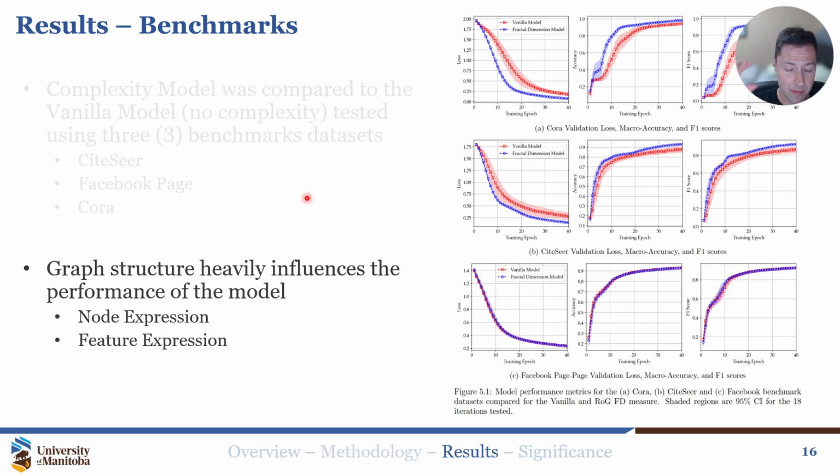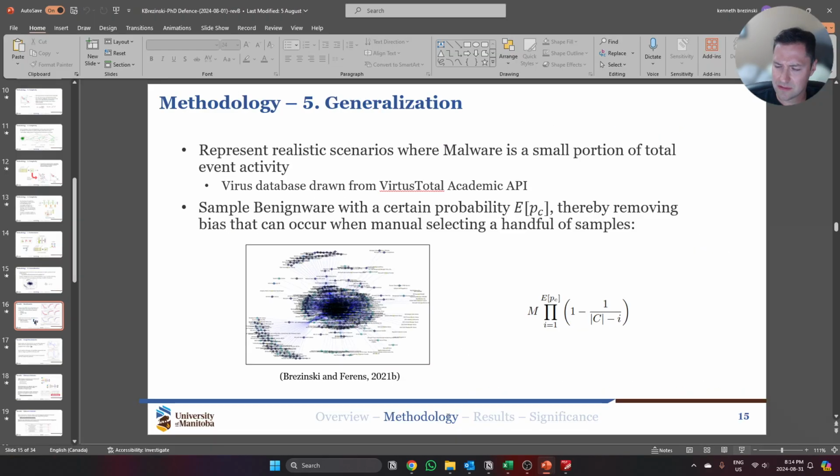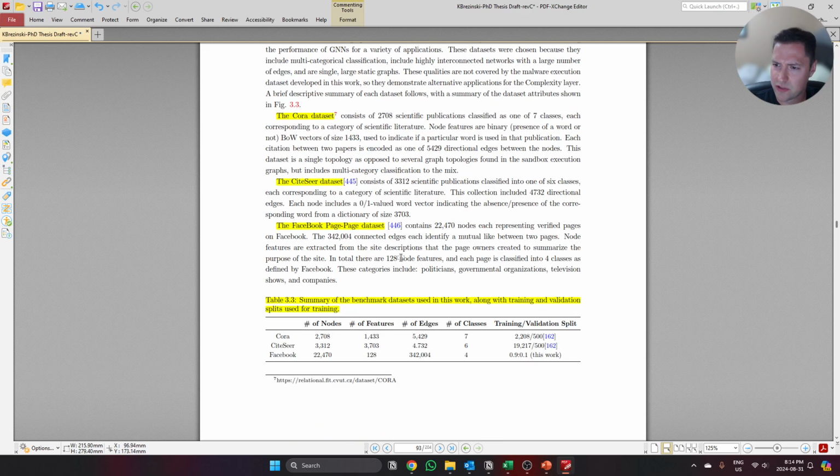Node being the number of nodes and how they're connected, feature being, once all the information about those nodes is encoded, whether it be bag of words or, in that last one, the Facebook, 128 node features, page owners. It's not very clear exactly how these features are extracted, but there is some form of feature extraction step.